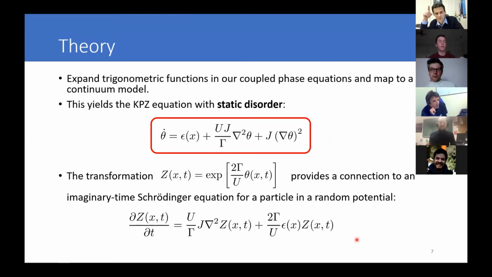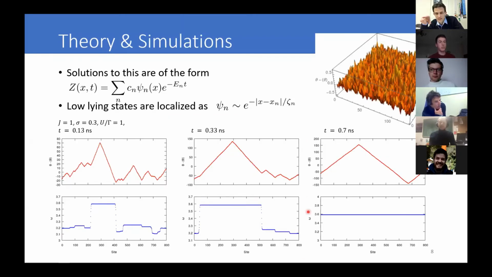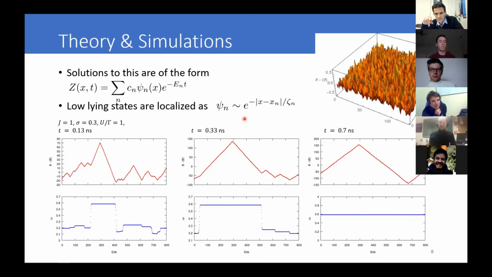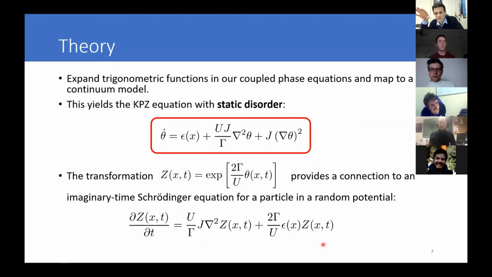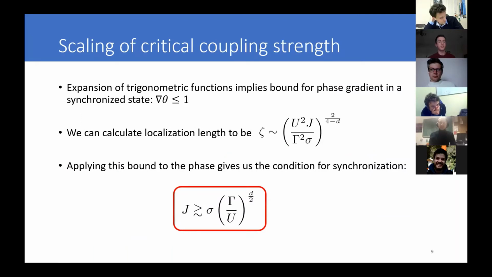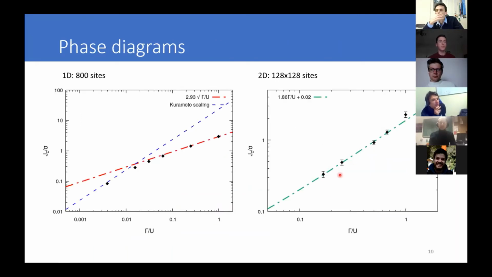Okay, just to be sure, these power laws that you find on the next slide come from the equation for the phase. So the power laws were derived using the continuum equation, the KPZ. But then we test that against simulations of our phase equation, the original one, and they agree.